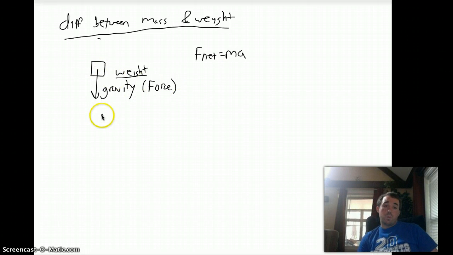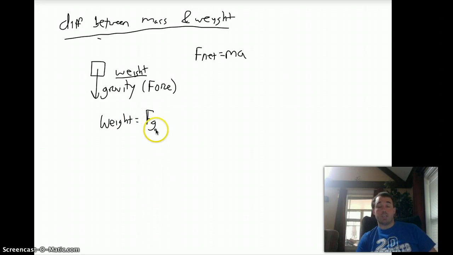So, weight, which has its own symbol, we call it the force due to gravity, so F sub g. Some textbooks you might see just capital W, but we're going to use F sub g, is equal to the object's mass, which is just how much stuff it has, how much material makes it up, times the acceleration due to gravity.